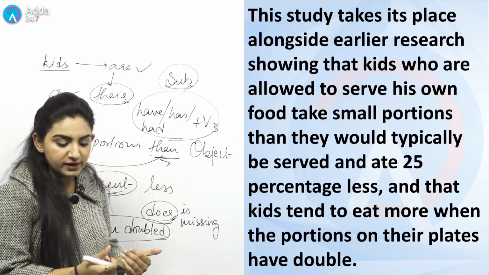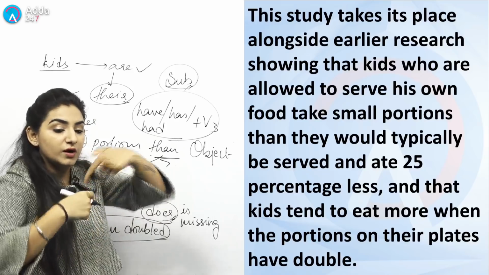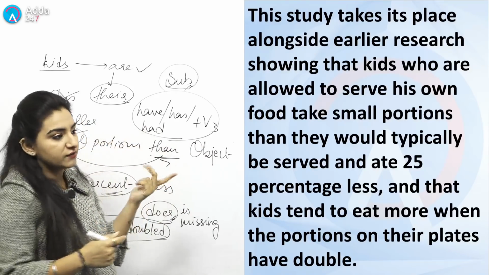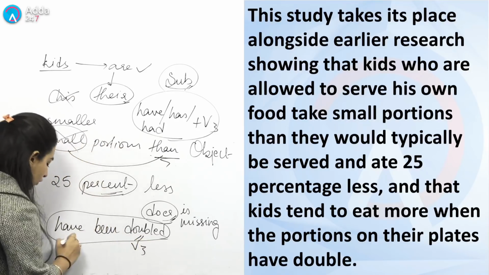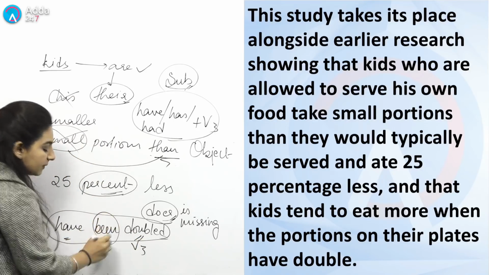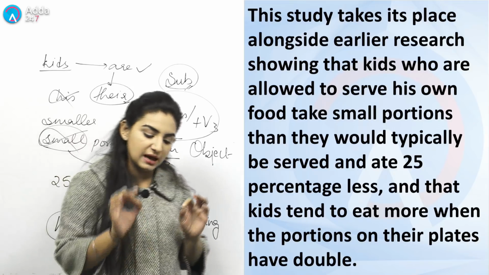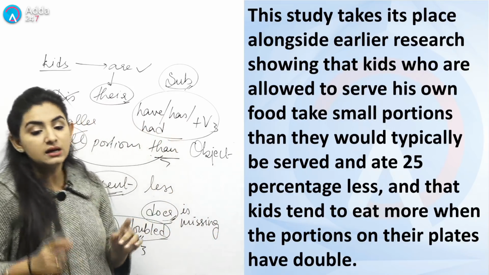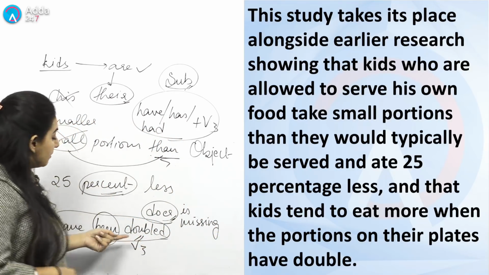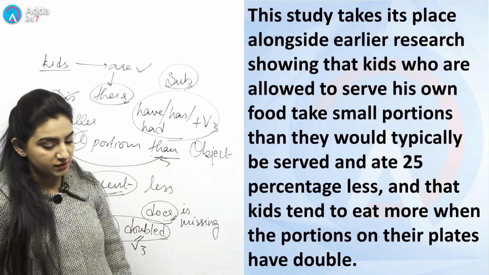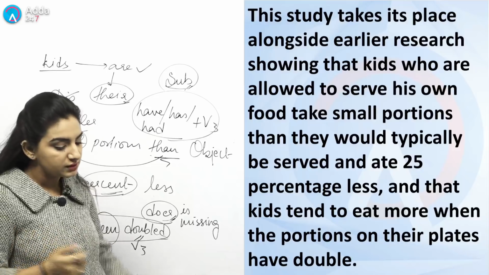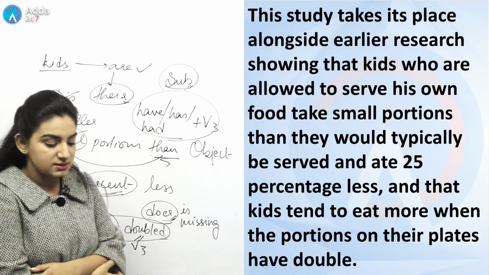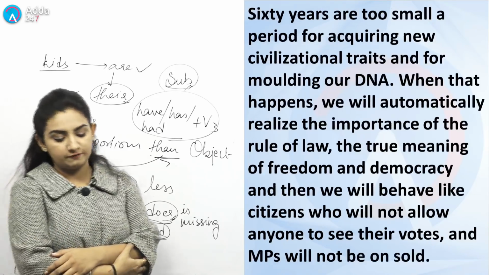That is not given, right? So if the subject is not given, what happens? Our sentence will go in verb's third form here. Have will be placed, लेकिन उससे पहले been आ जाएगा. ठीक है? have लगेगा, doubled भी लगेगा, लेकिन been क्यों add हुआ है? Been is added because the doer is not given, subject is not given. ठीक है? Yes, been V3. Got it? चलिए, अब हम चलते हैं next question की तरफ.